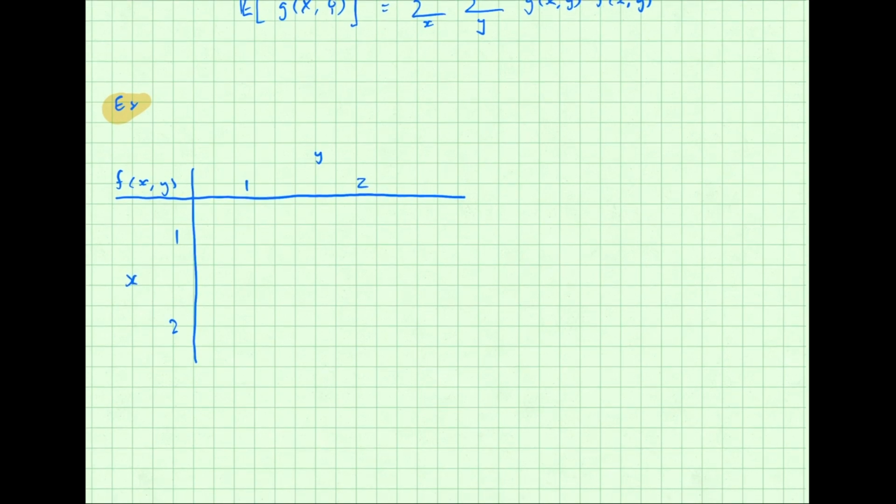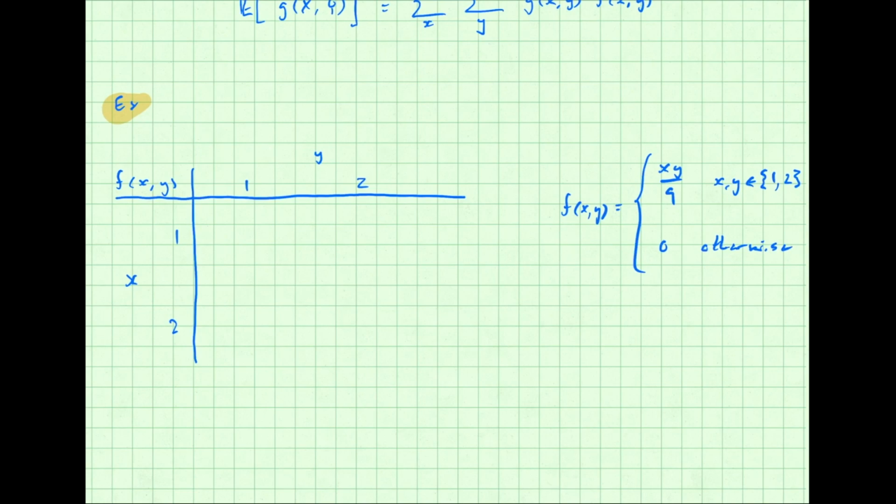And we're going to use the following function. So I think we've introduced this before. It's going to be x times y over 9 for x and y in the set 1, 2, and 0 otherwise.